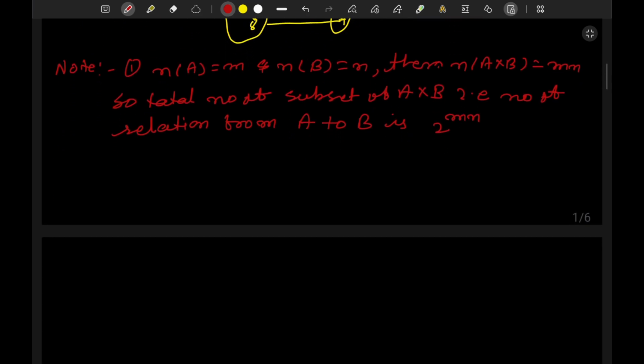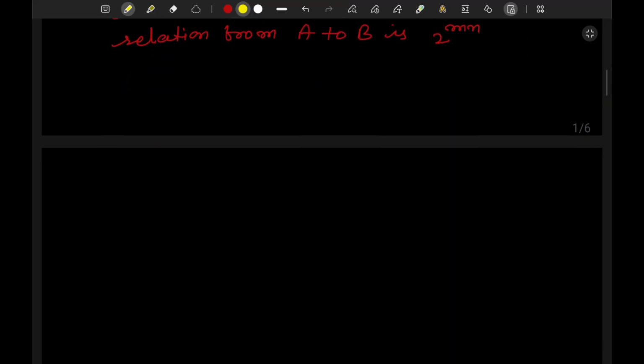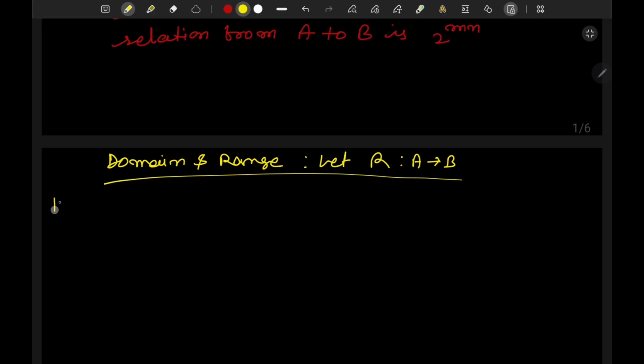Now domain and range. Let R be a relation from A to B. First of all, the domain.